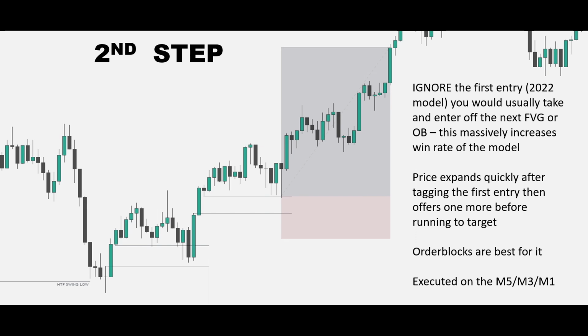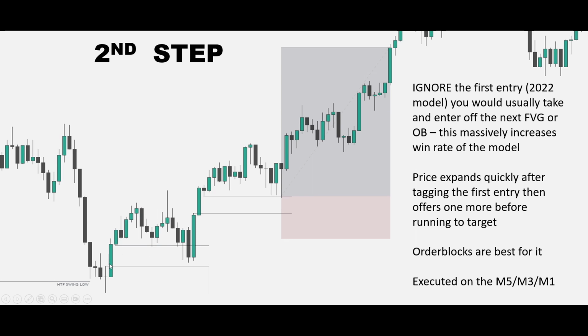And a lot of the time I'll find myself stopped out quite early and then the move goes back in my direction. So what I do with my model, the one shot one kill model, requires us to ignore the first 2022 mentorship entry, and then as we expand higher and break another swing high, we then enter off the next valid entry.